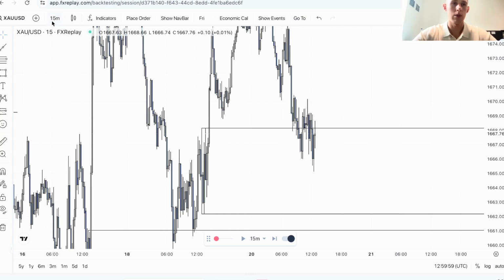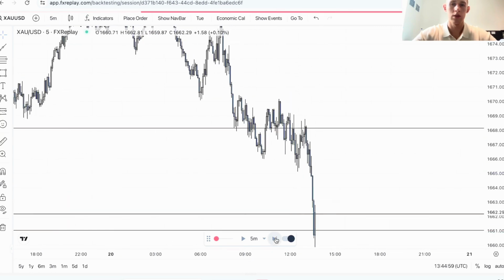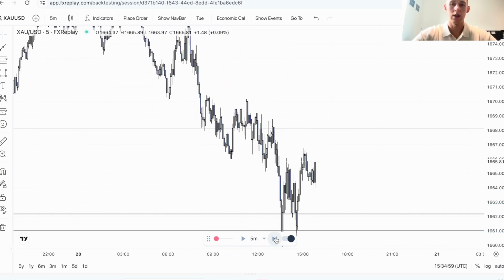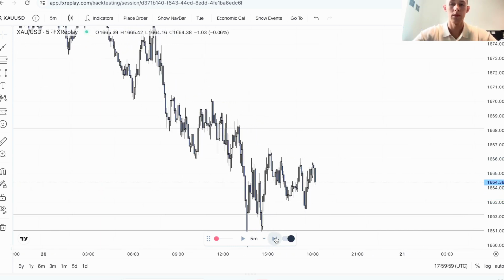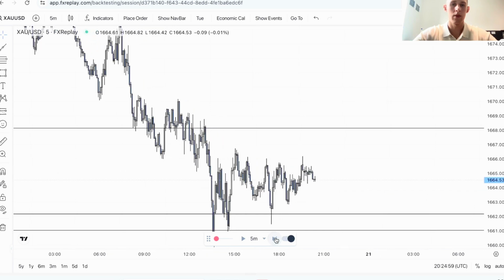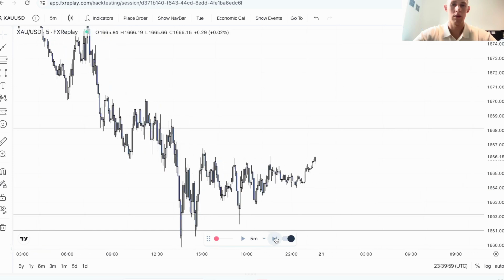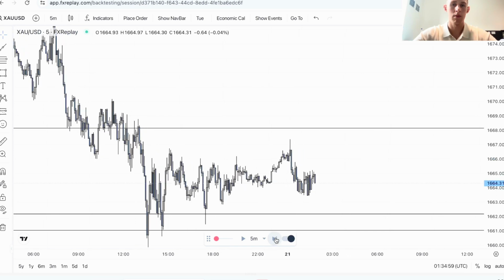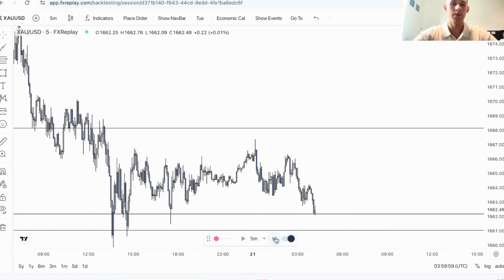Cool, so let's have a look what price does here. Sweep of that zone is also valid. It's just consolidating at the moment.